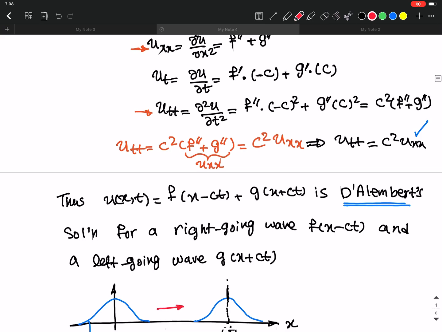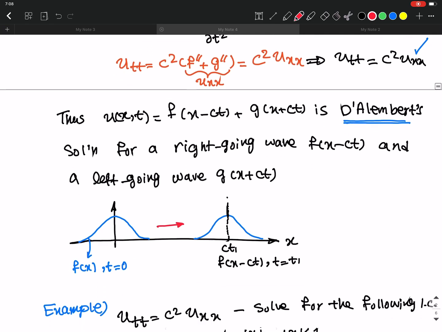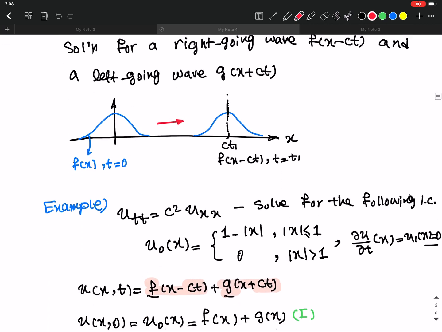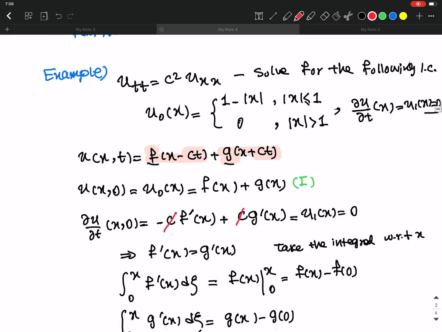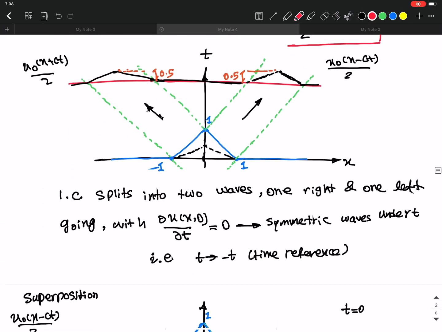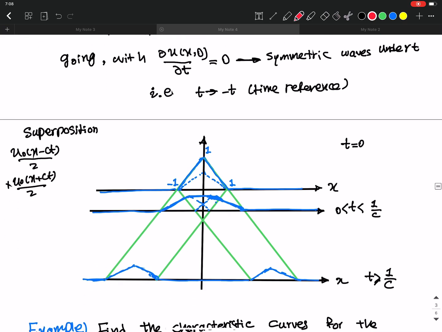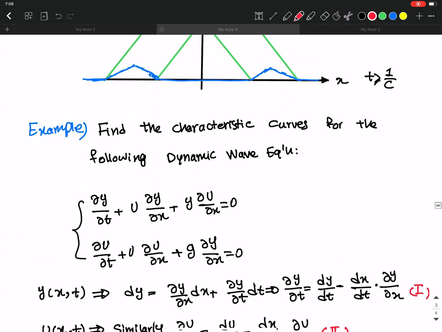We proved that it is a solution for this type of equation, and then we showed an example in which we found the form of these functions f and g using the initial conditions u0(x) and du/dt(x). And after finding these, we talked about some of the properties of these equations, like how you should do superposition in order to find the solution of this equation.